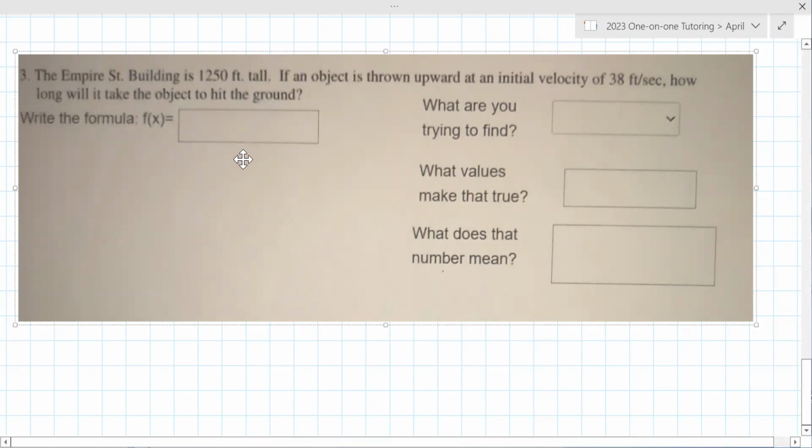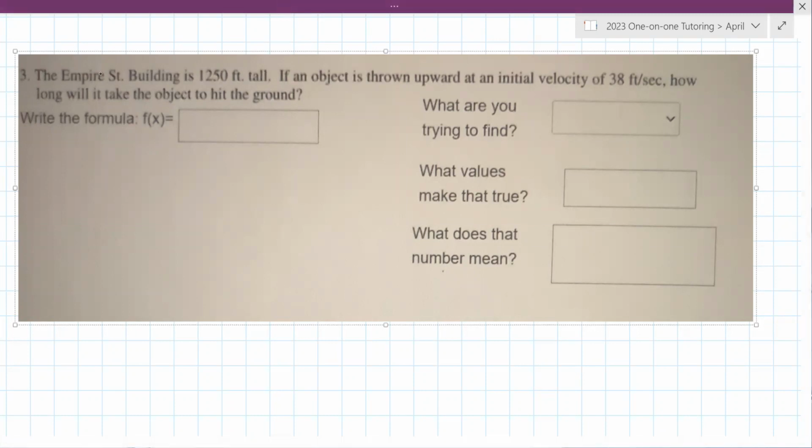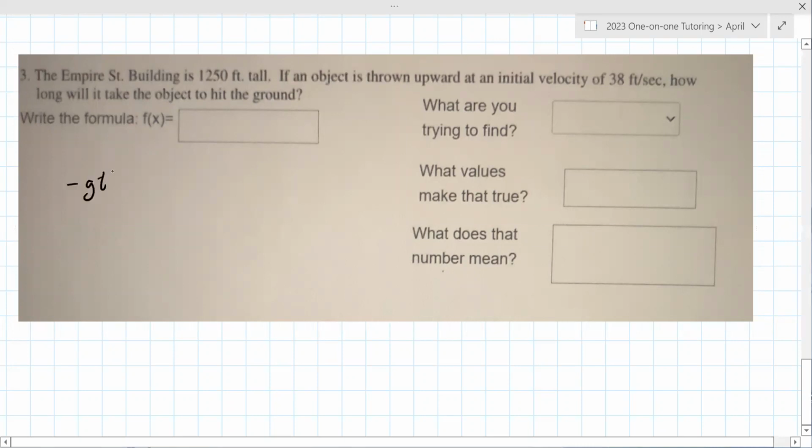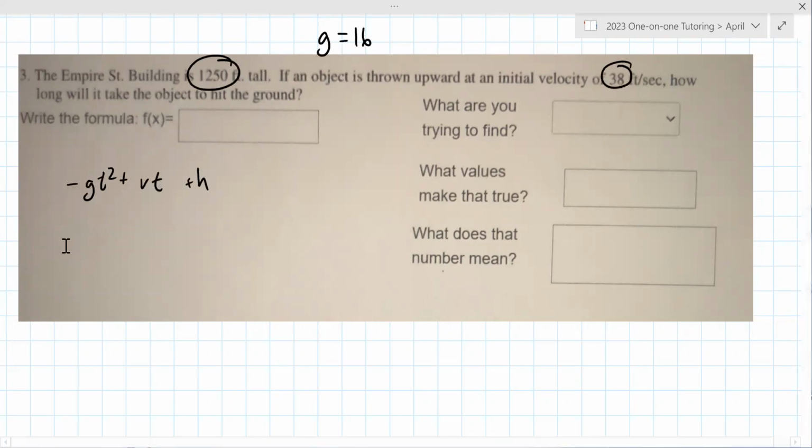Okay, just like the last problem here, it's minus gt squared plus vt plus h. Could you use these values? And g is 16. Could you write this equation for me? Let me know what you come up with. Sure.